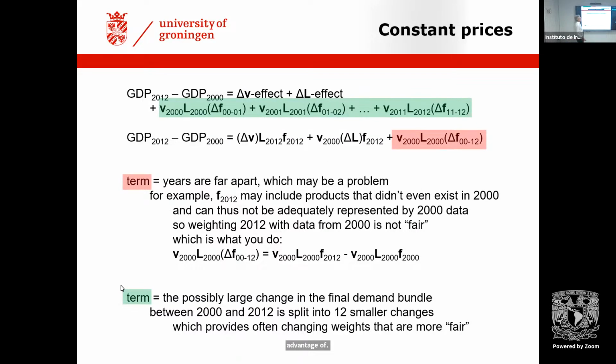The point is that in the red table in constant prices, very often these constant prices are based on a basket of goods, and they calculate the average prices in 2000 for a certain basket. But the basket of goods changes heavily between years. And the further apart the years are, the larger the changes will be.